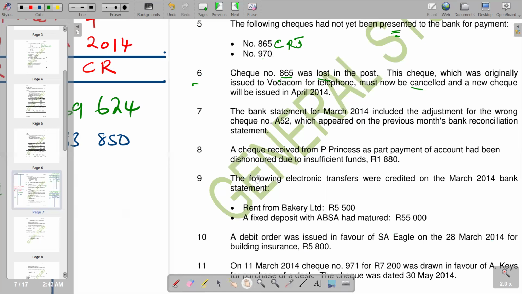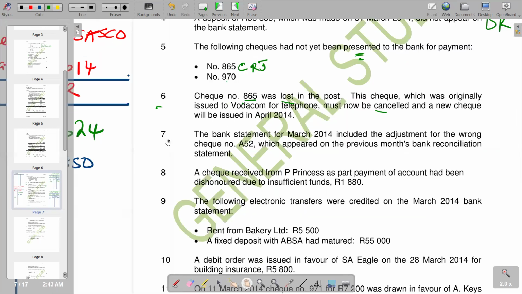So after check number 865 adjustment, we go to number 7, which is saying the bank statement of March 2014 included the adjustment for the wrong check number A52, which appeared on the previous month's bank reconciliation statement. So yes, there is a wrong check of A52, which is on the previous month's bank reconciliation, but it is said that it's appearing again in the recent month's bank reconciliation.